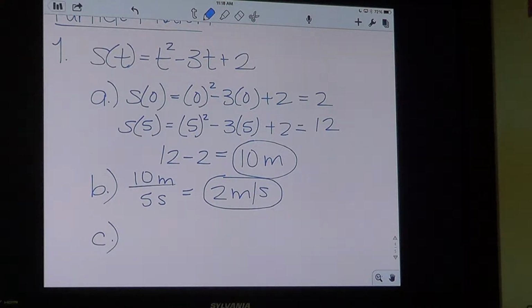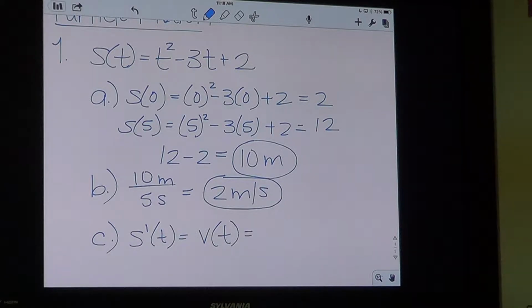If I have a speedometer, I look at it and see how fast I'm going at that point in time. So if we have the curve, we have to find the slope of the curve at that point. So we have to find the velocity function, which is the derivative. So what's the derivative? s prime of t, or in other words, v of t.